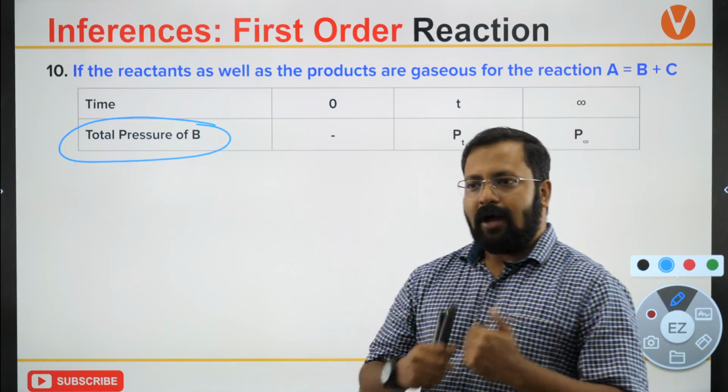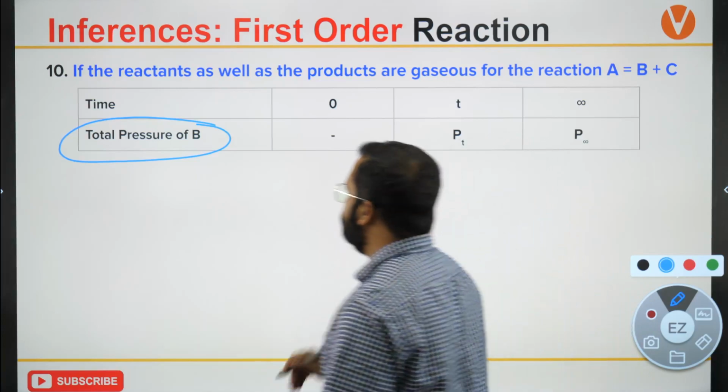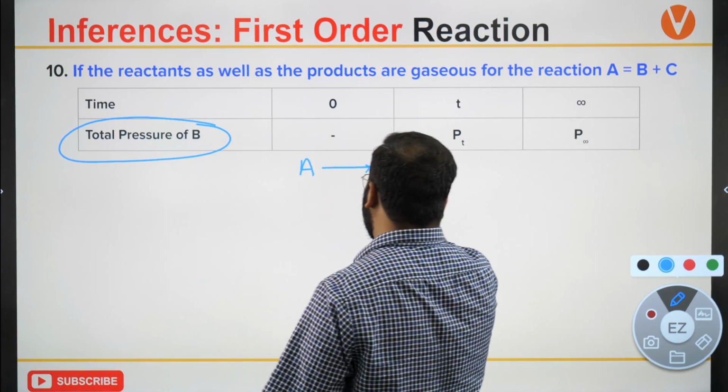Okay, how would you do that? You will use this mathematical manipulation. So pressure of, so again A changes to B plus C.